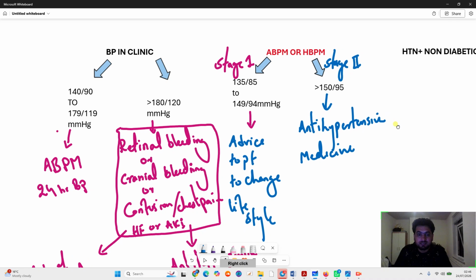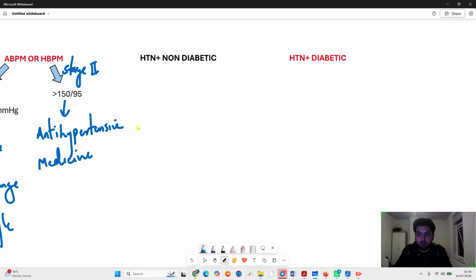Let's see what that situation is. Look at the patient: along with hypertension, does the patient have diabetes or not? If the patient comes to you with this range and is non-diabetic, you have to look for two more criteria.